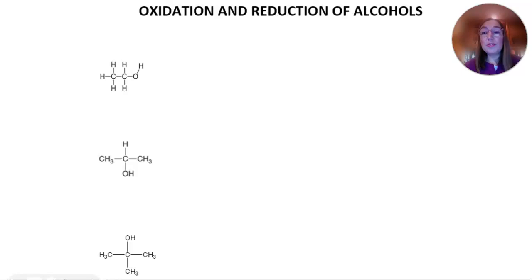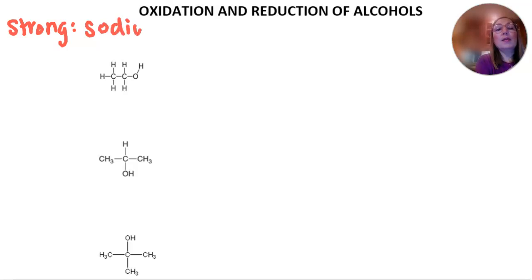So how do we do that? Well, we're going to need a strong oxidizing agent, or some sort of oxidizing agent. A strong oxidizing agent is something like sodium dichromate. So sodium dichromate could be our strong oxidizing agent.